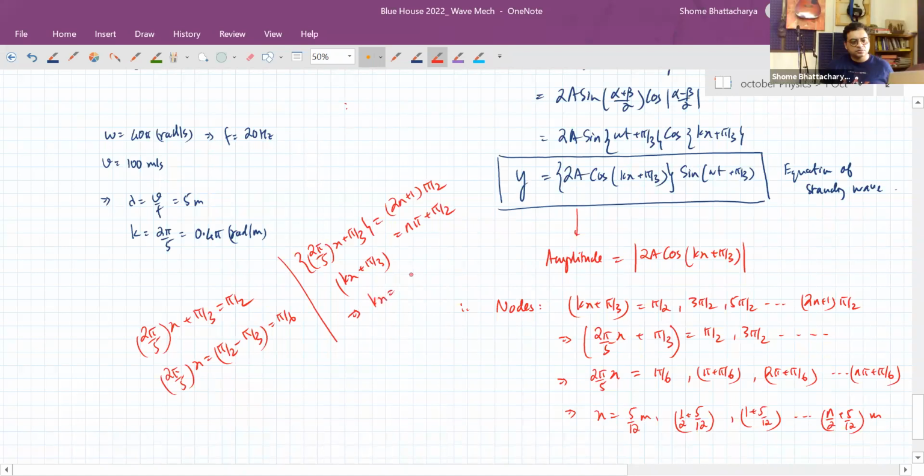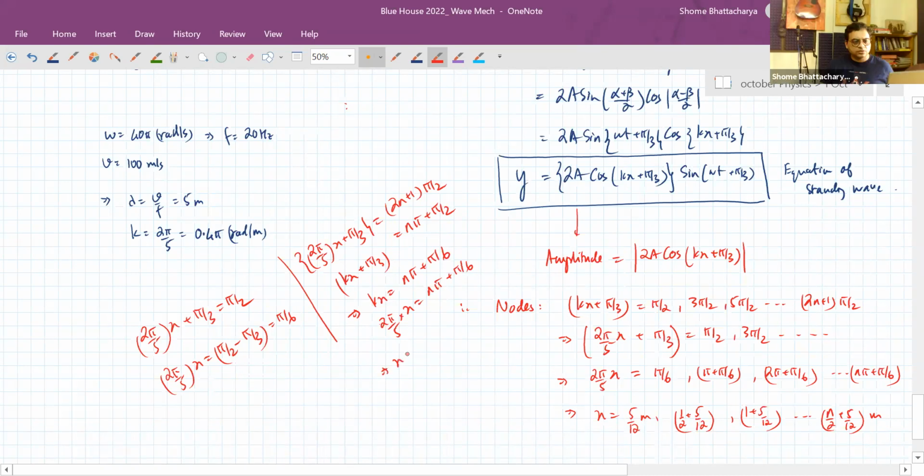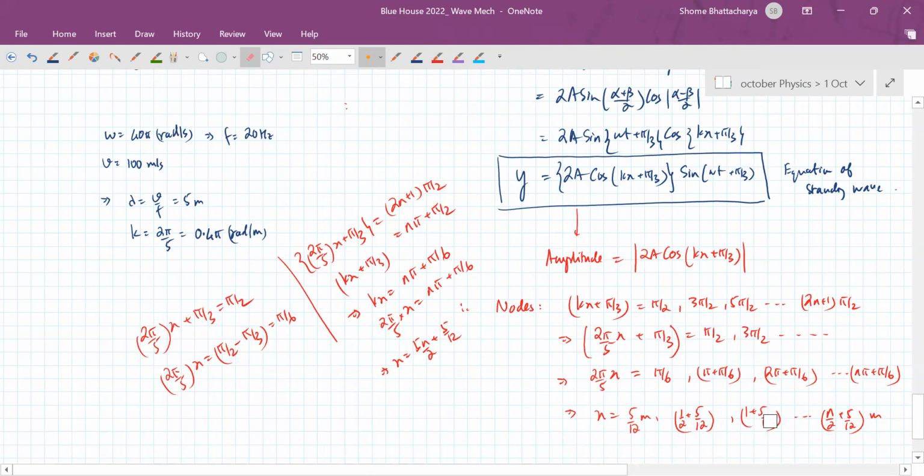So your kx term is becoming n pi plus pi by 6. So 2 pi by 5 into x is becoming n pi plus pi by 6. So x should in general become how much? 5n by 2 plus 5 by 12.